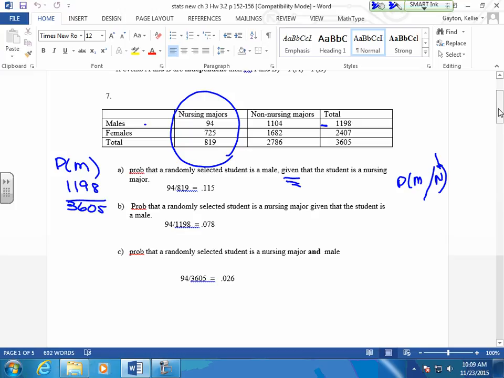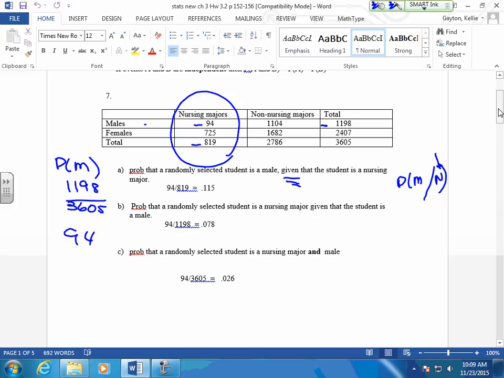Now, I want the probability that I got a male, given I have a nursing major. So all I want to do is stay within my nursing majors. So now, my probability is 94 out of 819.